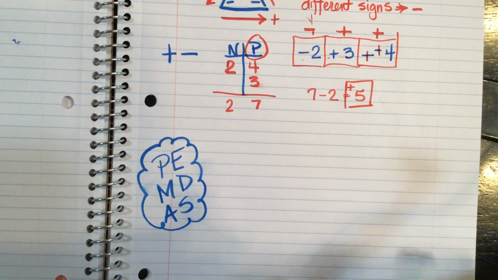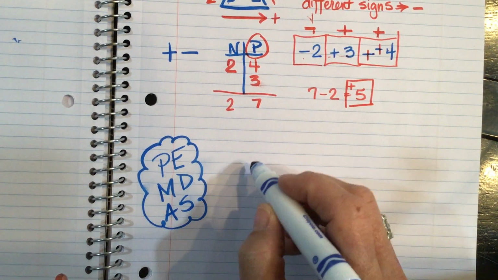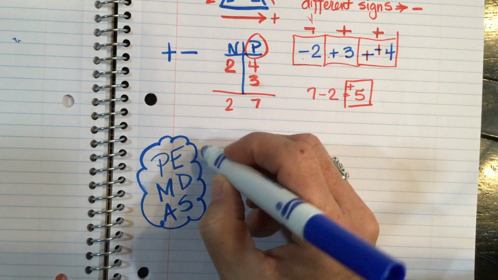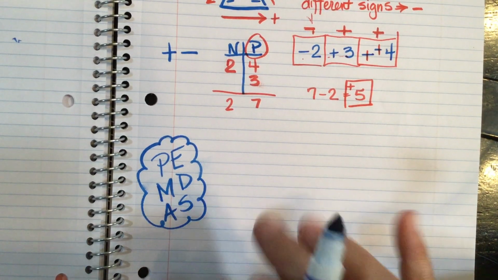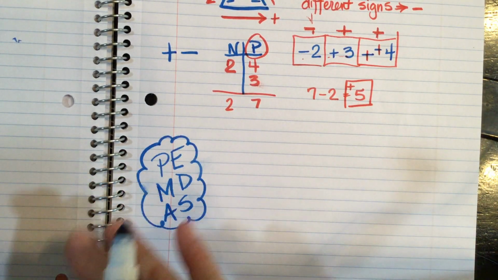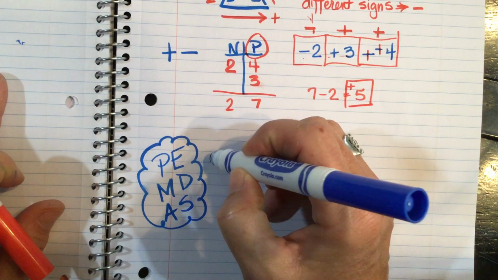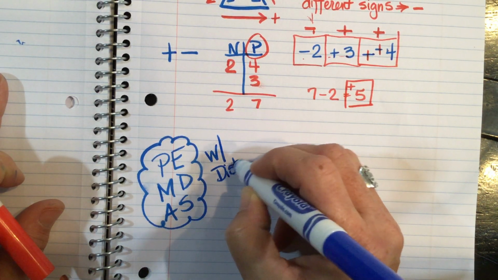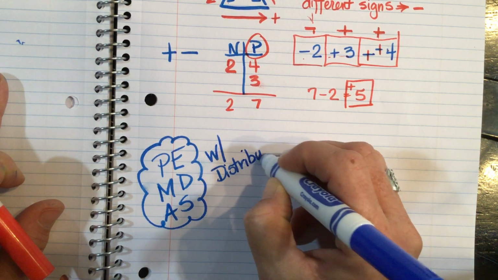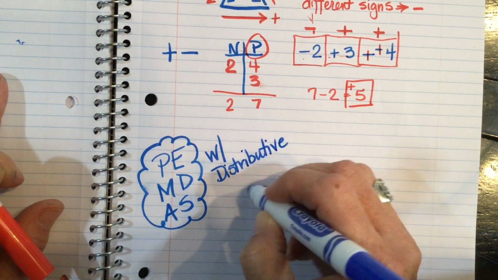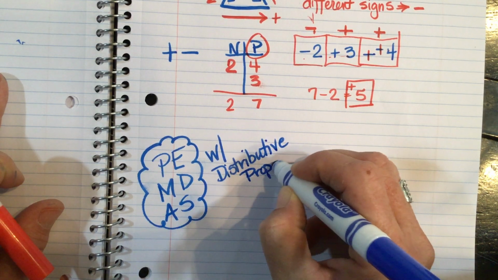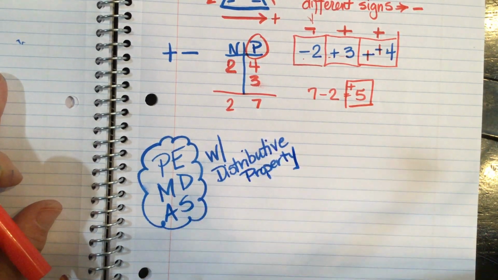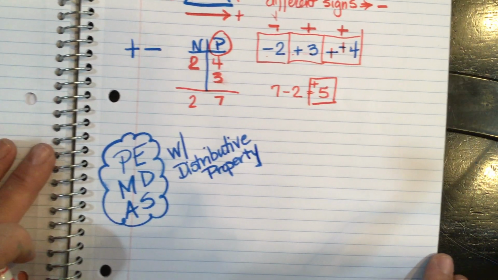All right, so for example, I'm going to skip a little bit of going over PEMDAS because this is what we learned in 6th grade. And I want to add the distributive property. And that's why I am only introducing PEMDAS, okay?